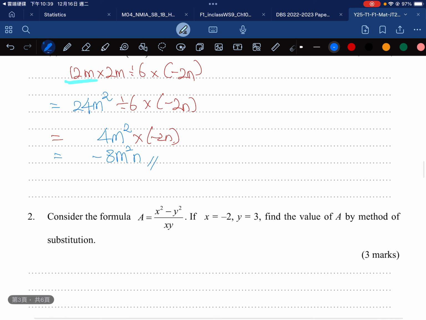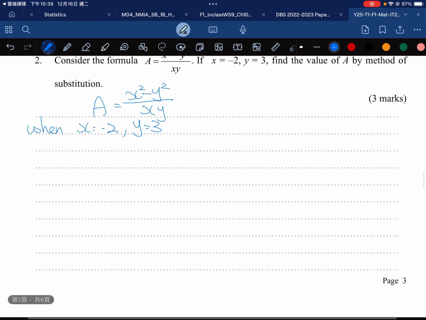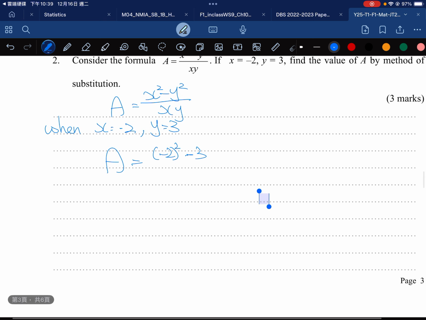And then for question 2. Question 2 is supposed to be an easy one, but most of you are not able to get the first mark, or most of you get 0 marks here. So I will write down a equal to x squared minus y squared over xy, and by the normal procedure, we have to write down the value of x and y. So a equal to minus 2 squared minus 3 squared over minus 2 times 3.